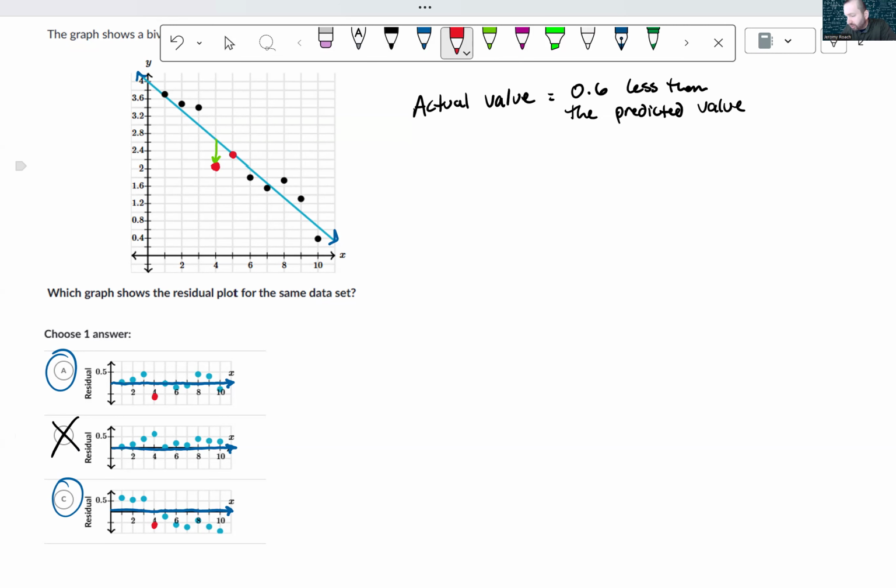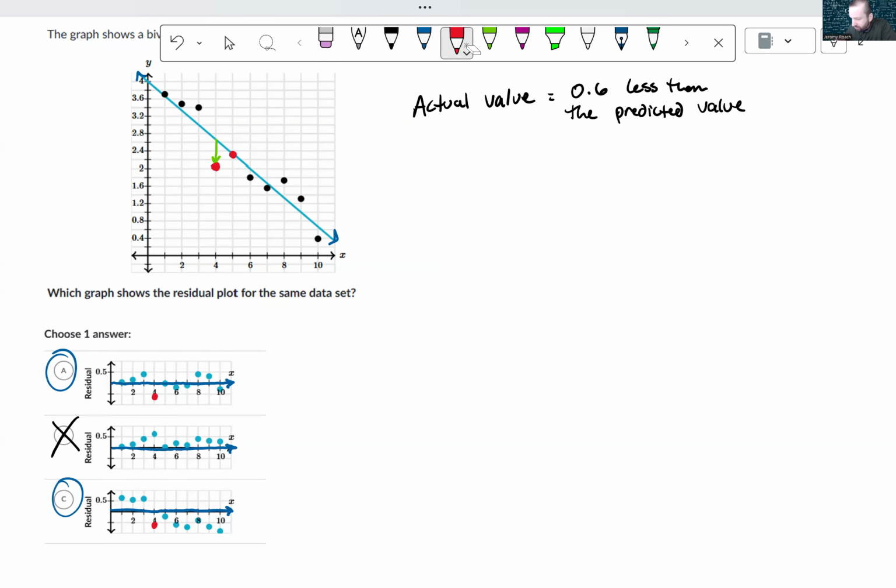I'm going to choose this one at where x equals 5, because where x equals 5, our actual data point falls either exactly on the line of best fit or very, very close. So for A, it looks like that matches up.